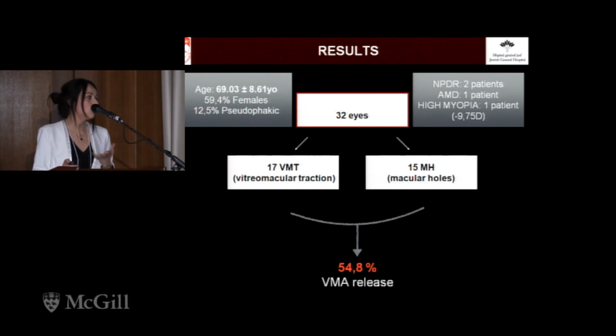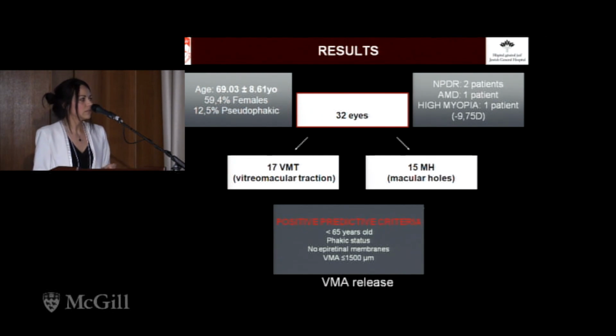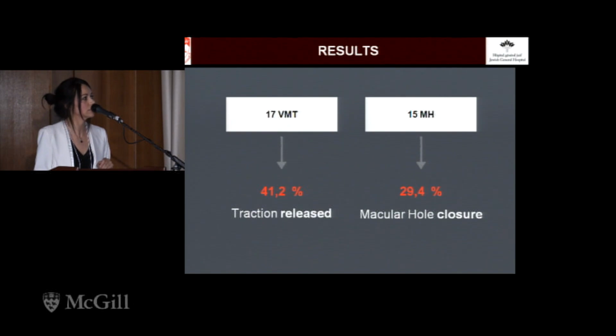If we look at overall results, in 54% we could document the posterior vitreous detachment, so the VMA was released. But if we look at the patients that had the positive predictive criteria for this medication to work, under 65 years old, phakic patients without epiretinal membranes and adhesion less than 1,500 microns, we find that the results are better. 77% of the patients detached.